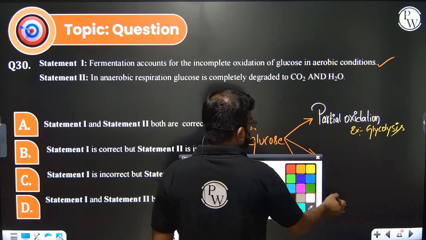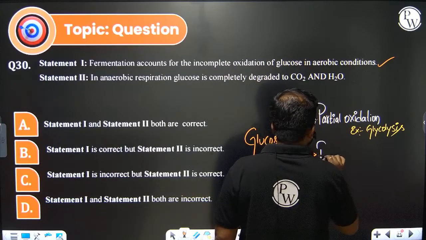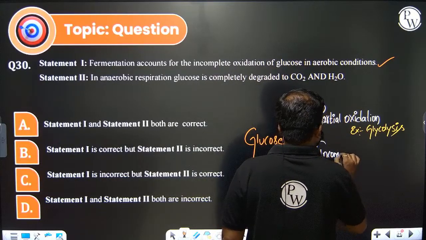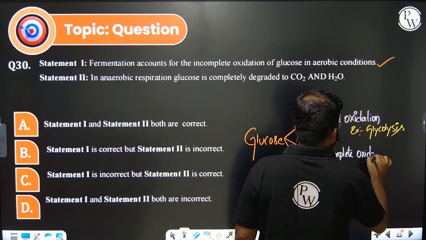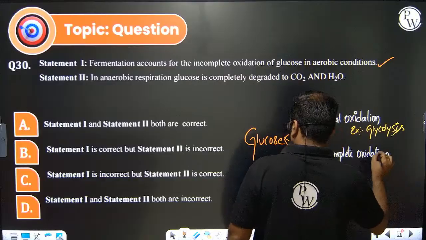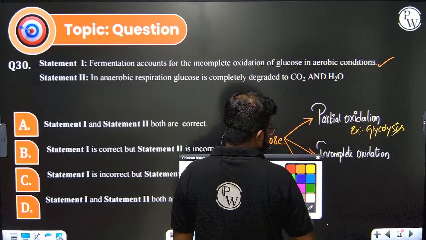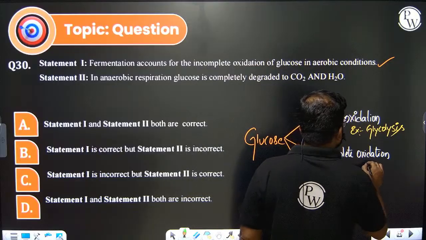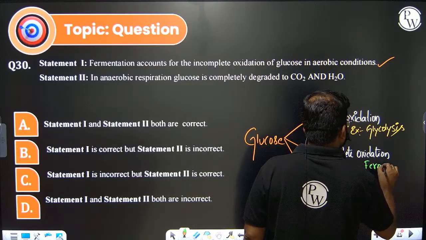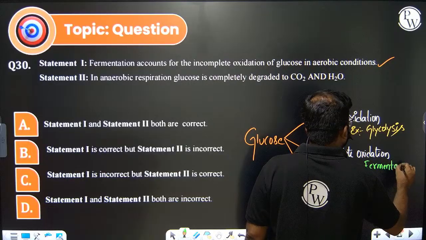Next comes our incomplete oxidation. Example, fermentation.